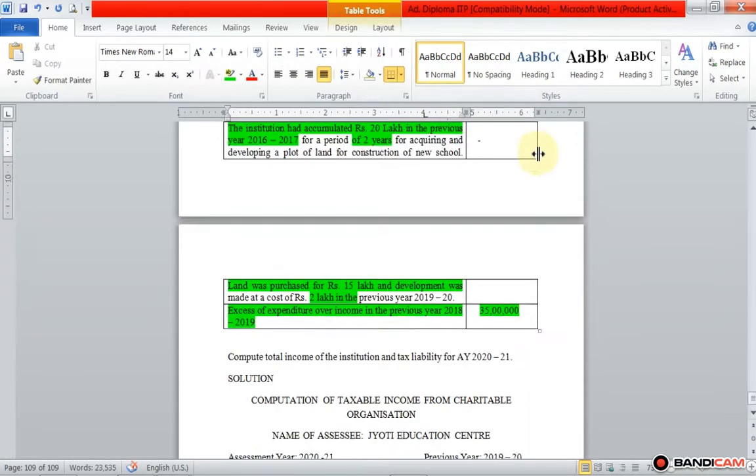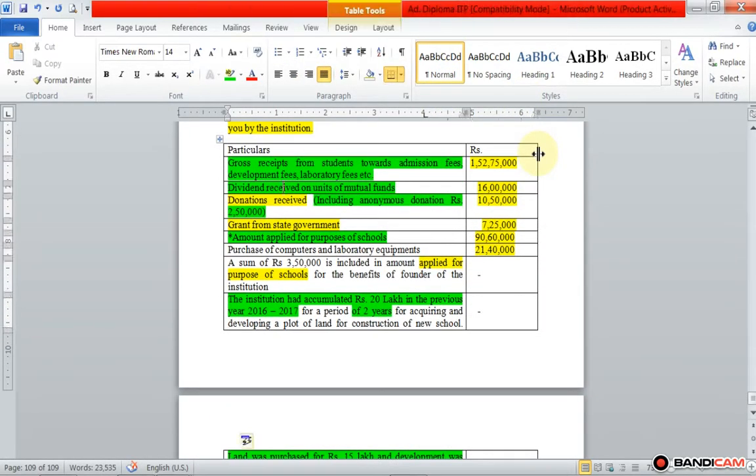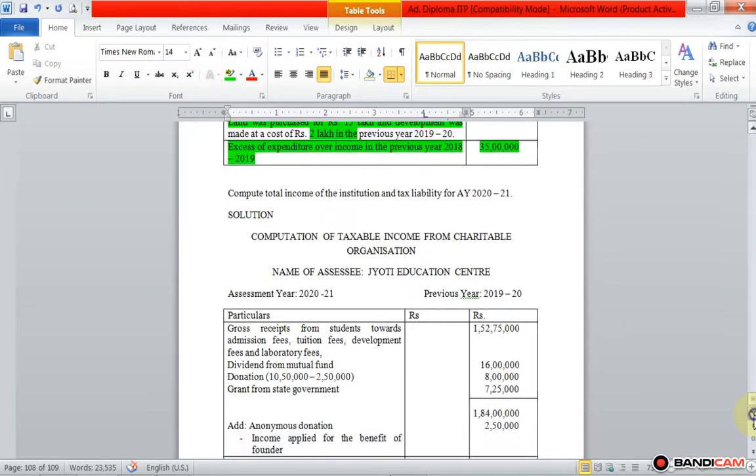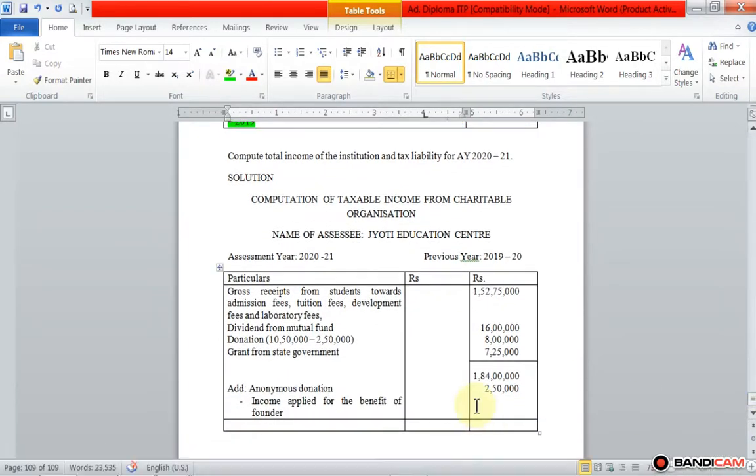So here the amount is given, that is 3,50,000 used for the benefit of the founder. So that 3,50,000 is included in income.